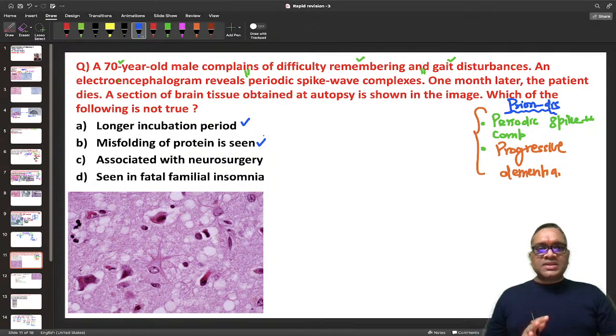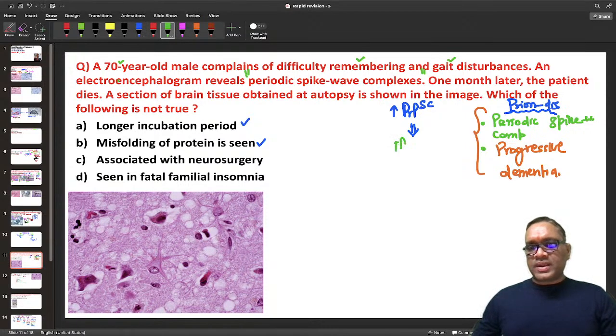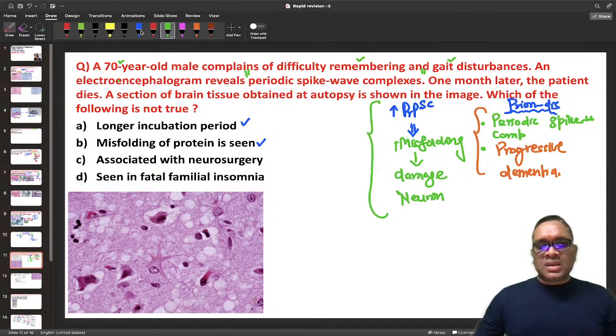Prion disease is a protein misfolding disorder where the prion protein becomes abnormal. Remember PrPSc: this excessive amount of prion protein undergoes misfolding, and this misfolding is going to cause damage to the neurons, and this will look like a cluster of grapes.